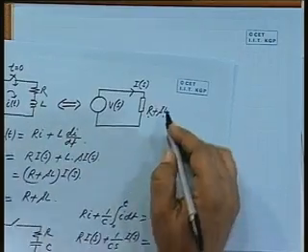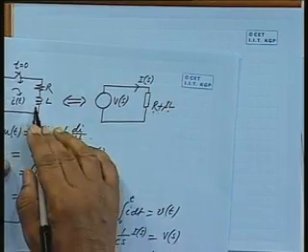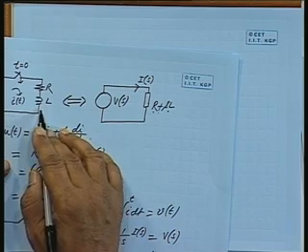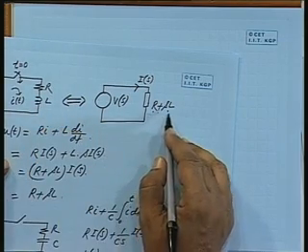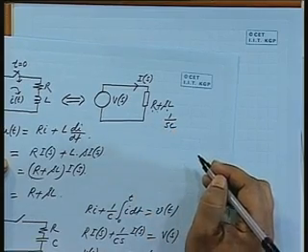So, if it is an inductive element, it will be R plus sL. If there is a capacitive element present here, then it will be equivalently represented by 1 by sC.